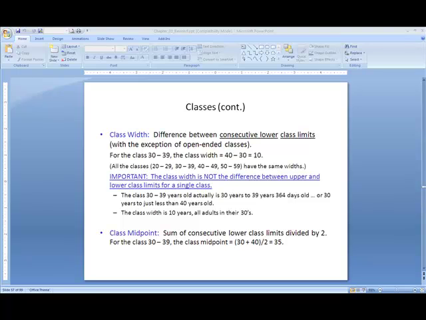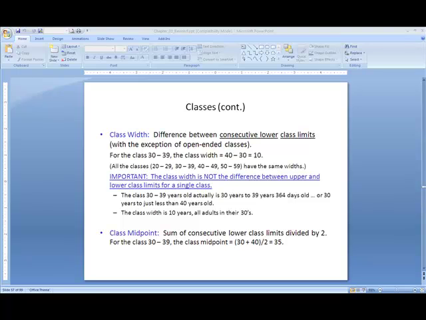Now the next very important feature is class width, to say how big is my class, what is the width of my class. Well, that's very important because we always want to make the widths the same when we're dealing with our data. So how do I find out the class width? Don't take the upper class limit minus the lower class limit. That would be wrong.